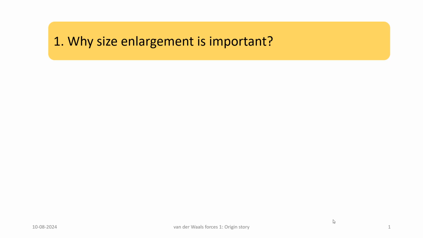So the first question is, what is size enlargement and why is it important? From the lecture you have understood what size enlargement is: the process of making smaller particles together to form a larger mass, right?